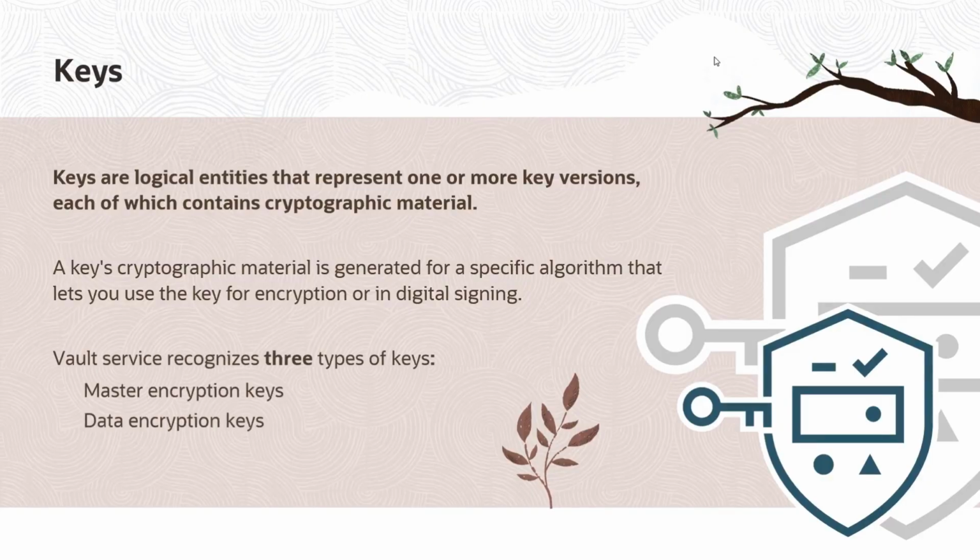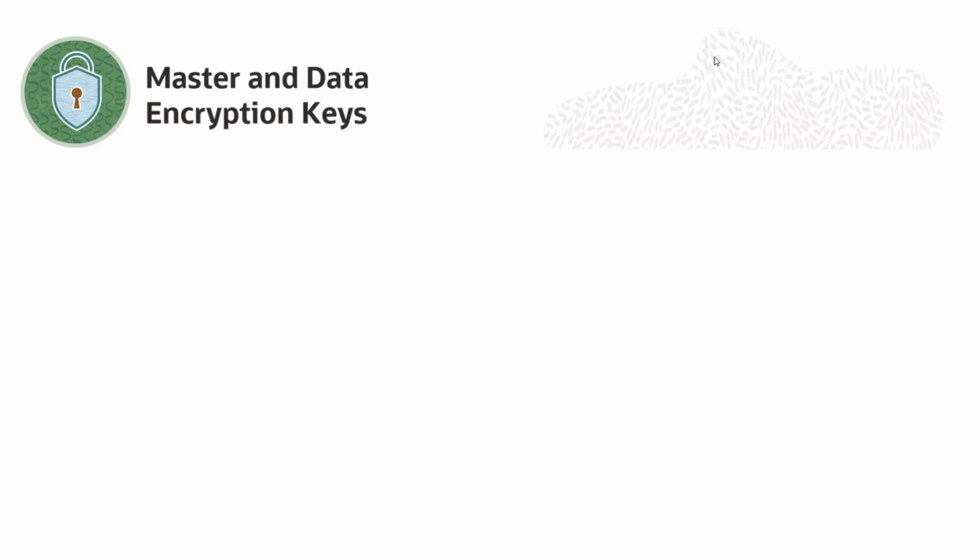In the Vault service, there are three kinds of keys which you need to care about: the master encryption keys, data encryption keys, and the wrapping keys. We'll look into each of these in greater detail. Let's start with master encryption keys.